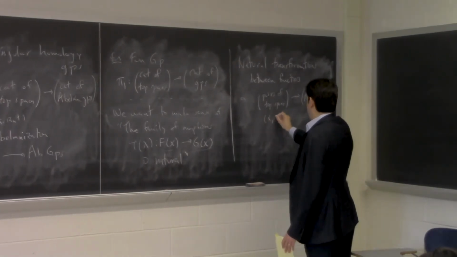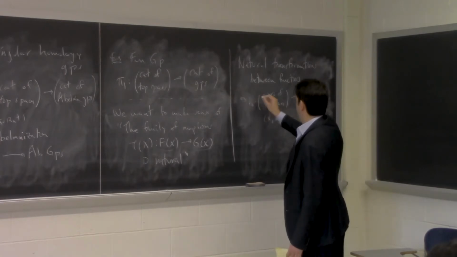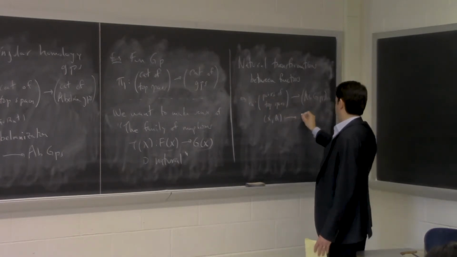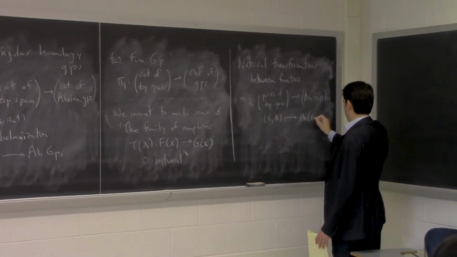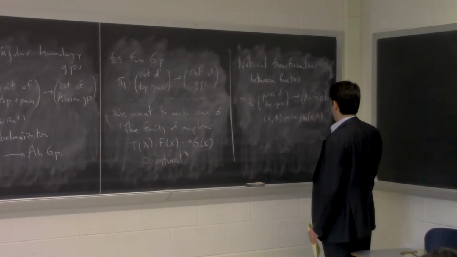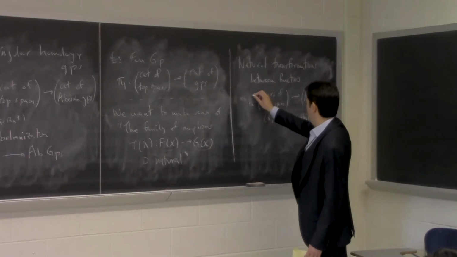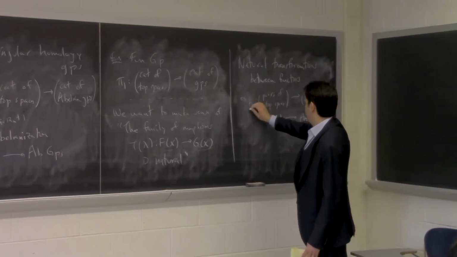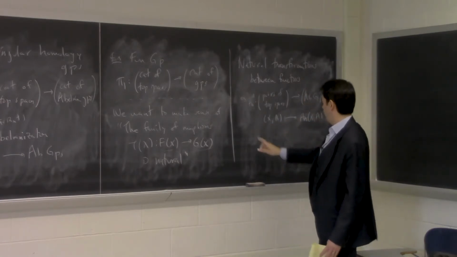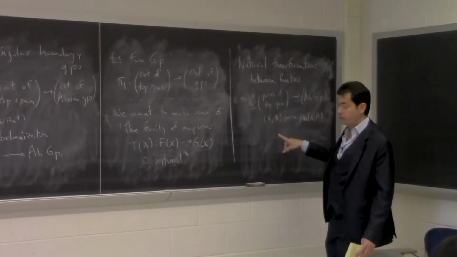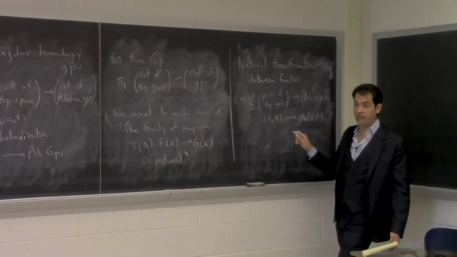So X, A, this is going to be the relative homology group. Let's denote the functor H_n rel, which takes a pair and gives you H_n of (X, A).